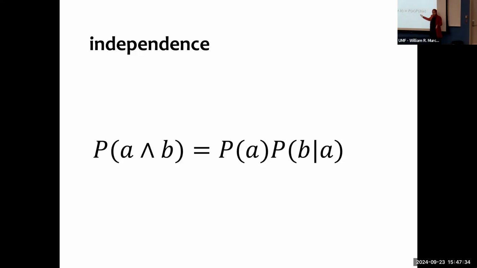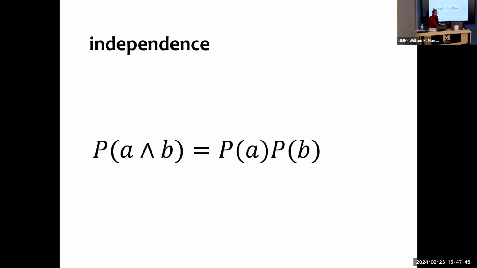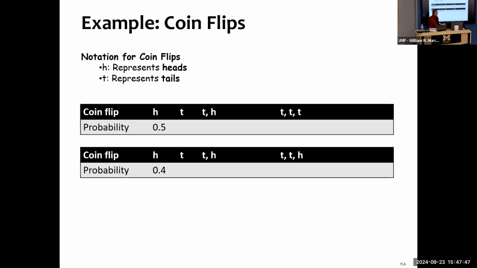It's the same as the probability of B, because A won't have any impact on this value. So in the case we have independent variables, we can just write that as the probability of A times the probability of B.